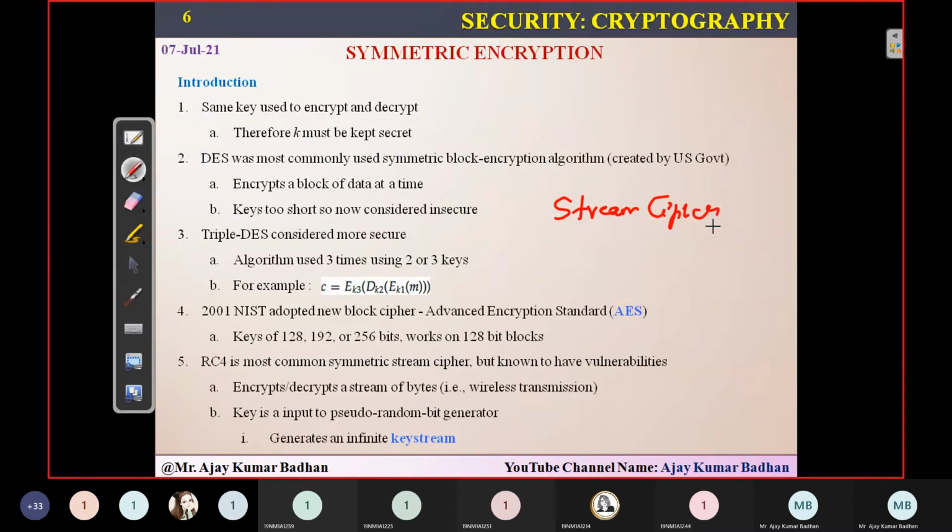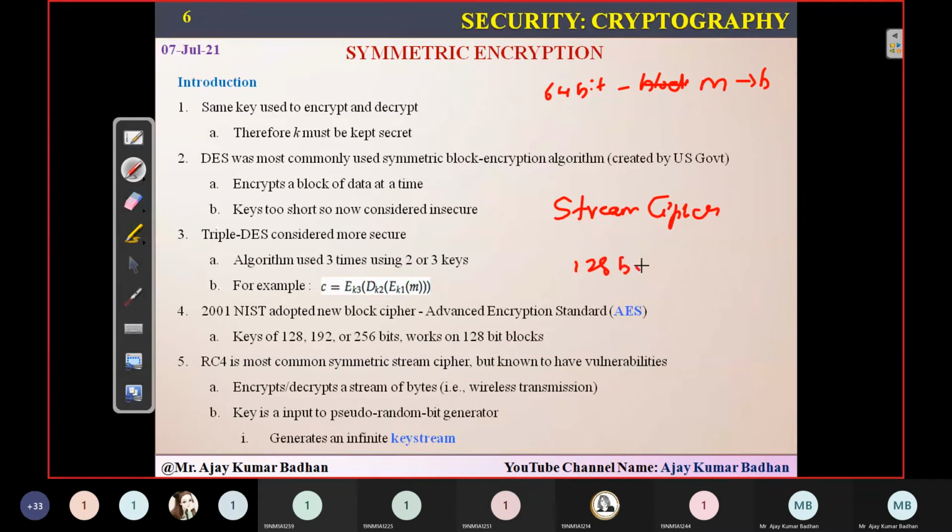Stream ciphers are used to encrypt a stream of bytes or bits. Rather than taking a block, as I told you, we are using a 64-bit block, which means a 64-bit message. That message is what we call a block.